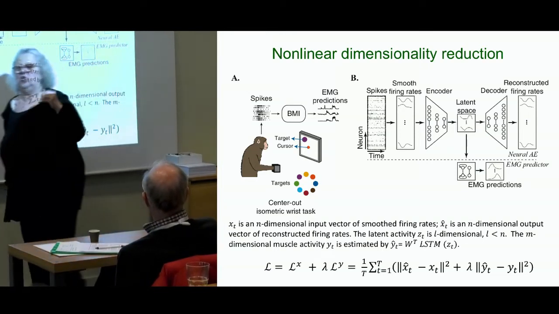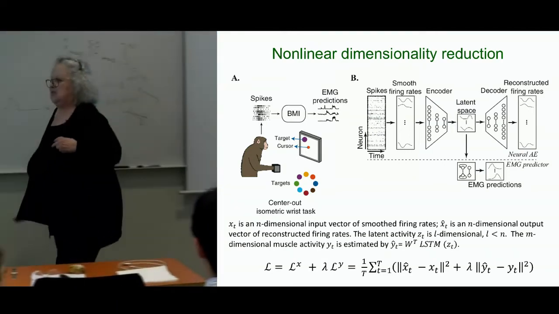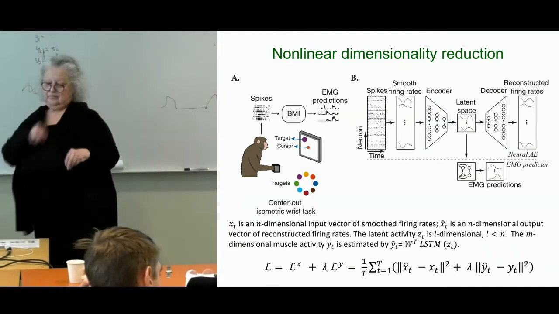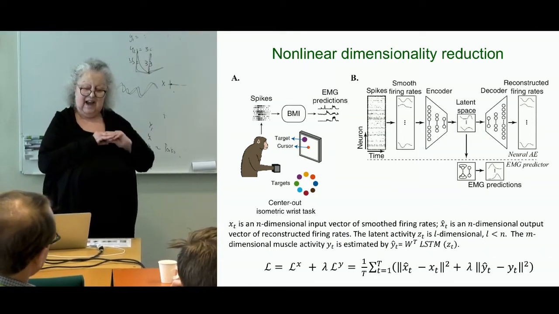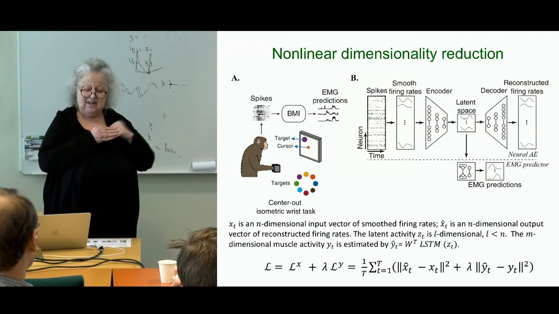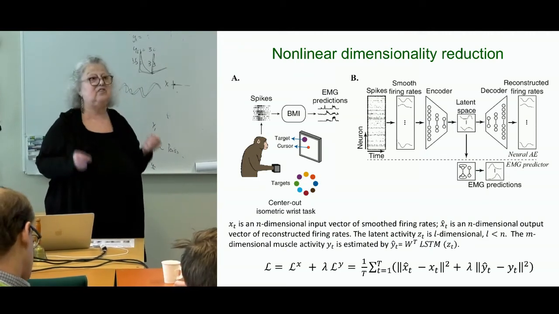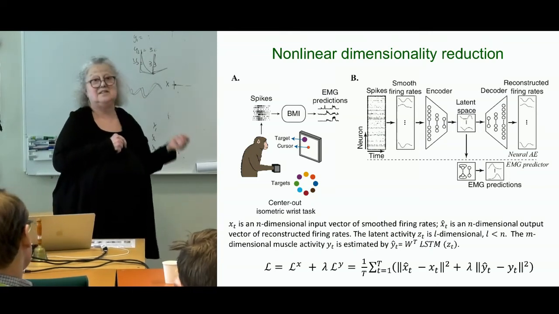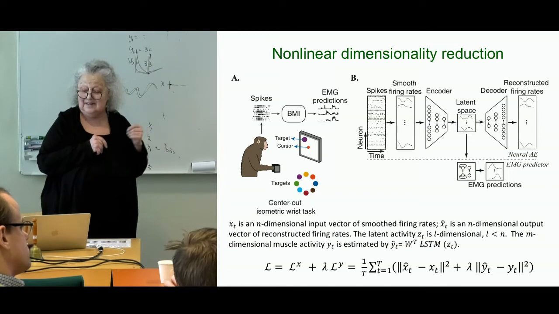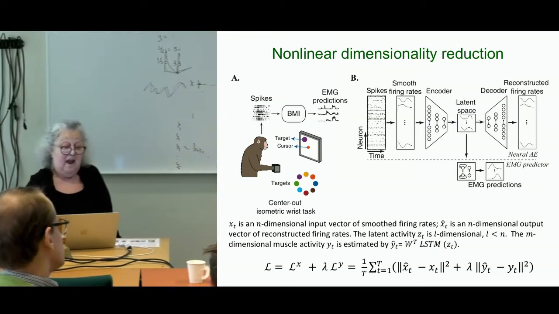You're also looking for low-dimensional variables that are optimal not just at reconstructing themselves in the unsupervised sense, but optimal at providing input to a decoder that predicts muscle activity based on the latent signals of the neural activity. And I want to finish by showing you something.